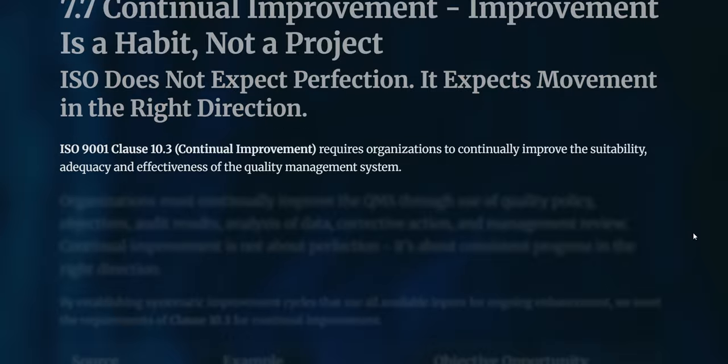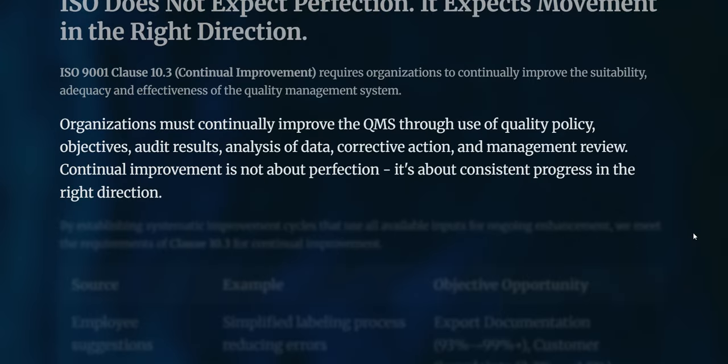ISO 9001, Clause 10.3, continual improvement, requires organizations to continually improve the suitability, adequacy, and effectiveness of the quality management system. Organizations must continually improve the quality management system through use of quality policy, objectives, audit results, analysis of data, corrective actions, and management review.